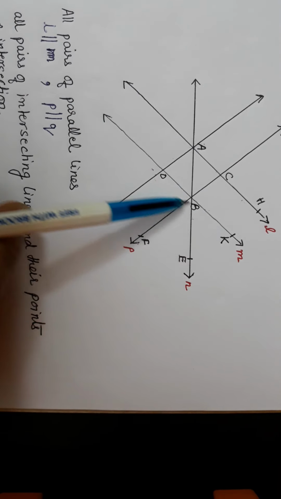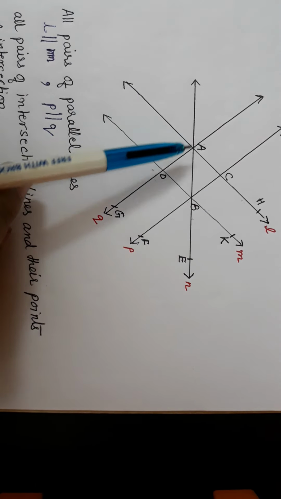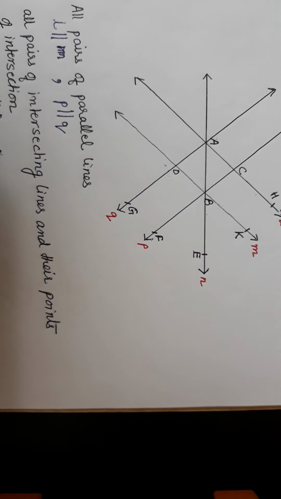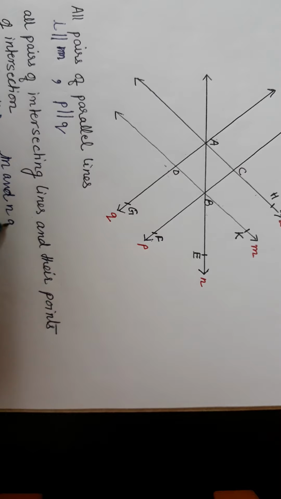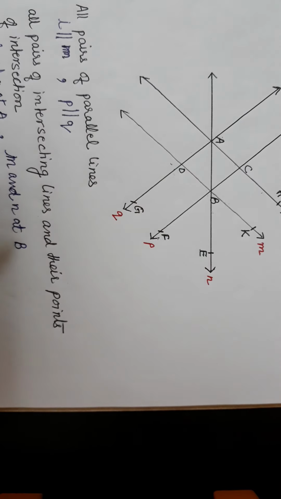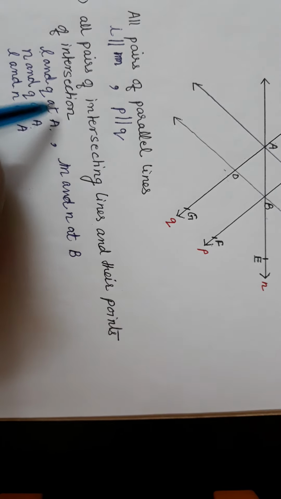This is line M and this is line N. So line M and N are meeting at point B. The point of intersection is point B.